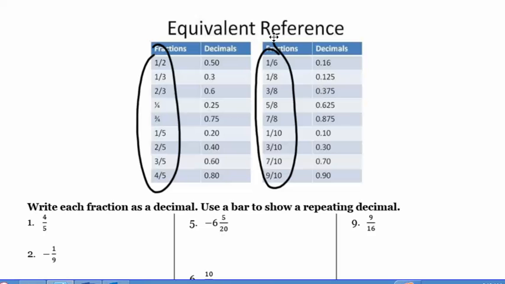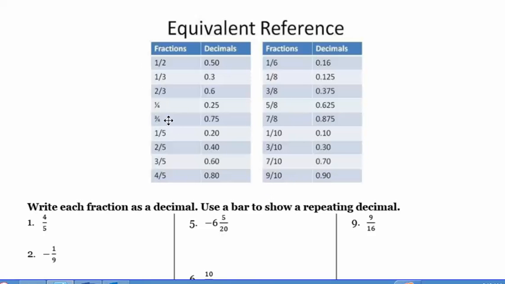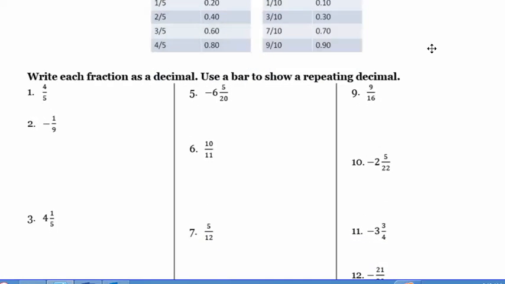These are going to come up a whole lot in your future mathematics courses, and they're going to be important ones to know. So this is your reference sheet for that, and we'll be going over them as well.